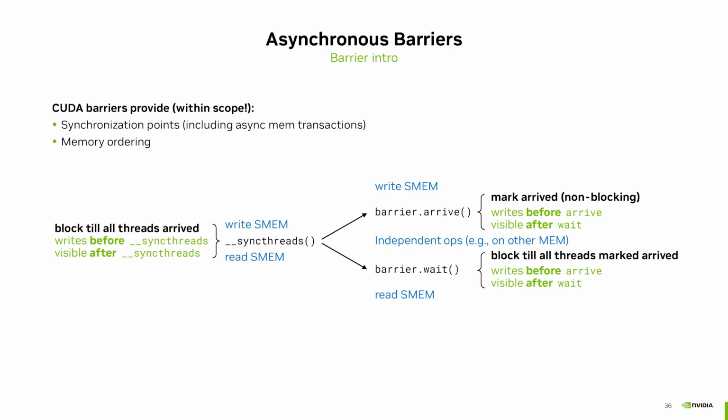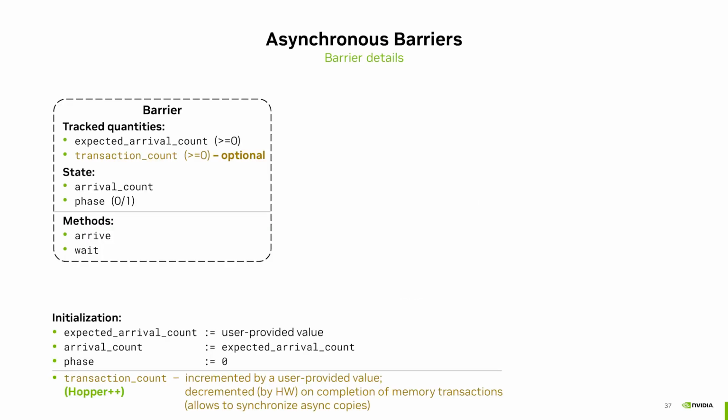Okay, now let's look into the barrier anatomy. So barriers track expected arrival count and optional memory transaction count, which I'll explain later. Barrier state has two main variables, current arrival count and the binary phase. And I already mentioned two main methods, arrive and wait. So first, let's talk about initialization.